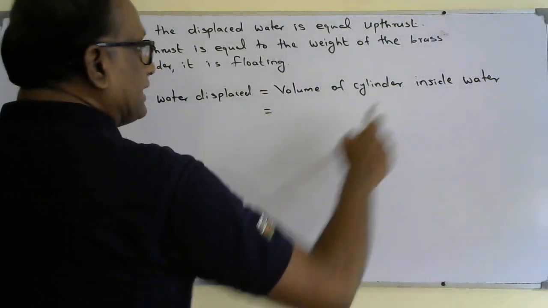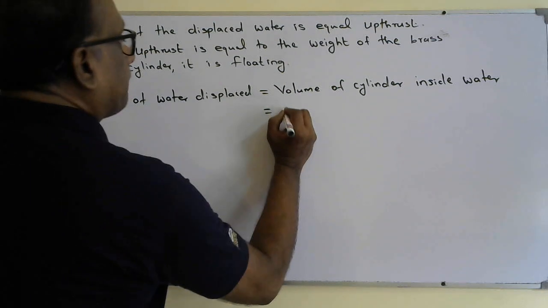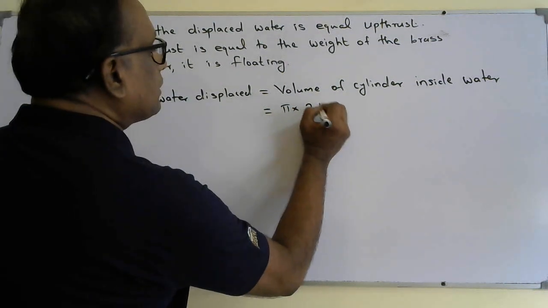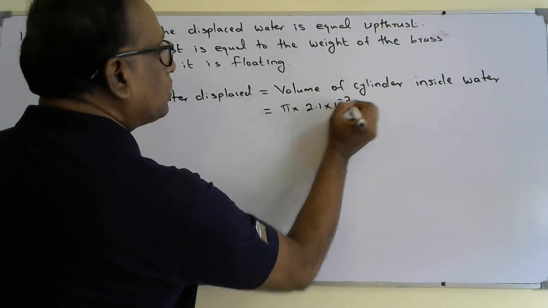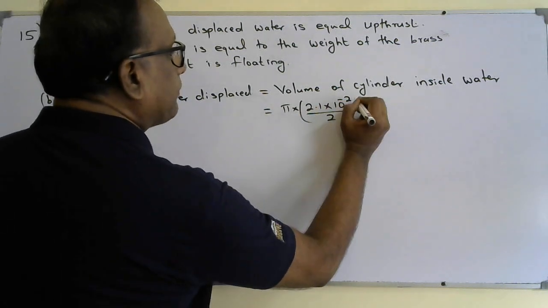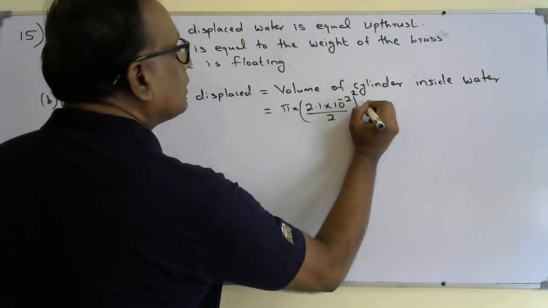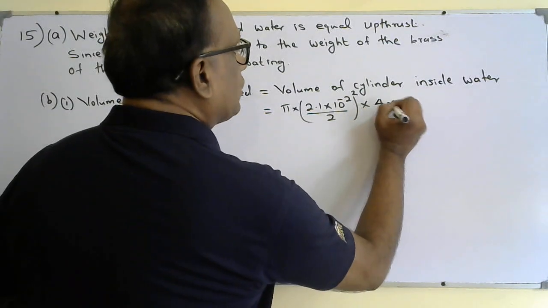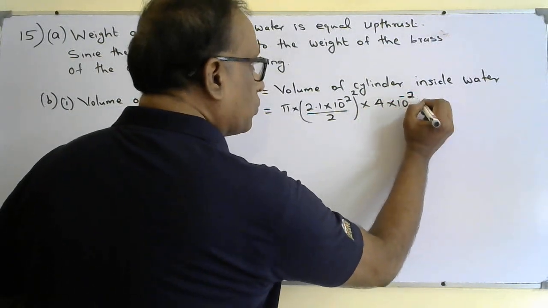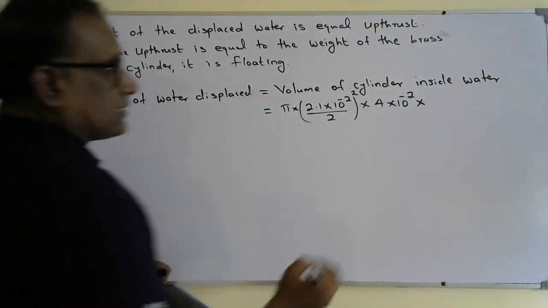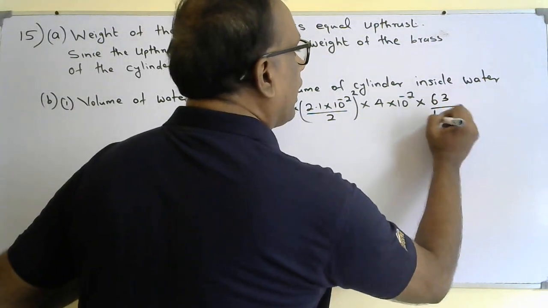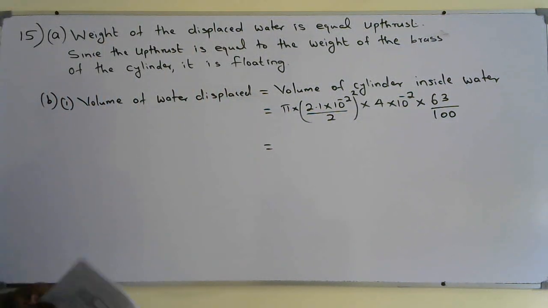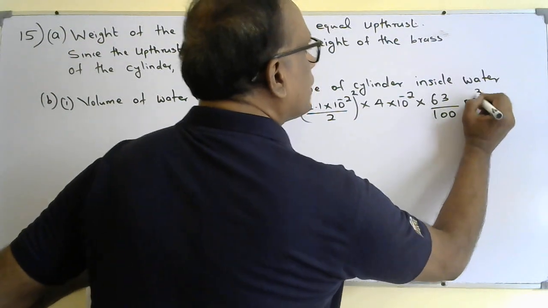So volume of the cylinder inside, we can say pi, the radius is 2.1 into 10 to the power minus 2 divided by 2 because that's a diameter, pi r squared into the length 4 into 10 to the power minus 2 into 63 over 100. So that much of meter cube.